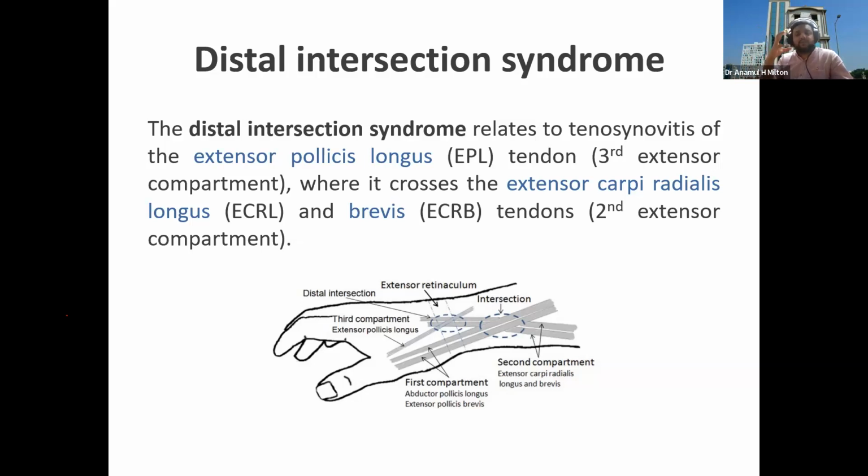So you can remember it numerically: one is the first, and second and third is the third. The second is common for both the first and third. So when the second crosses the first compartment, that is considered proximal, and when the second crosses the third compartment, that is considered distal intersection syndrome. It is very near to the wrist joint and very near to the Lister tubercle. Okay.